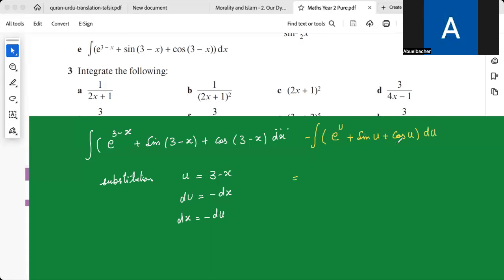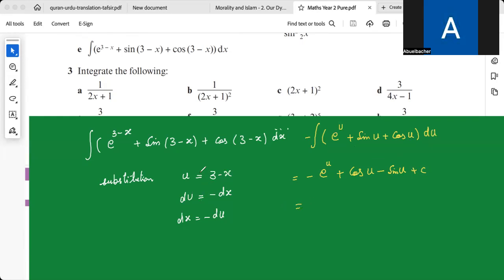So now you can see everything is very simple. The integral of the exponential is as it is. The integral of sin u is negative cos u, and the negative which was outside will turn it into positive cos u, and the integral of cos u is simply sin u, and this negative will go there, then plus c.